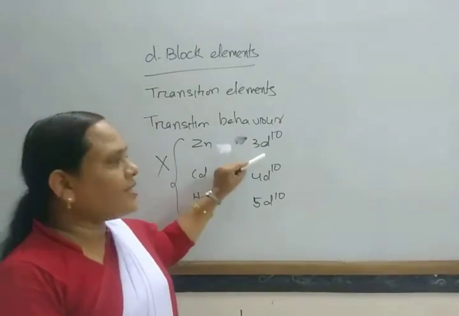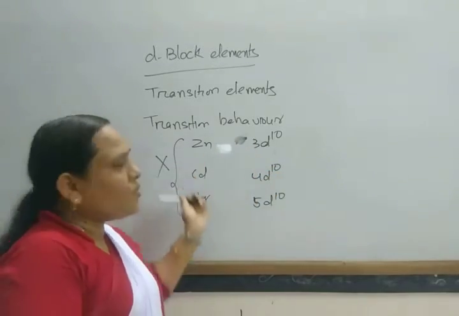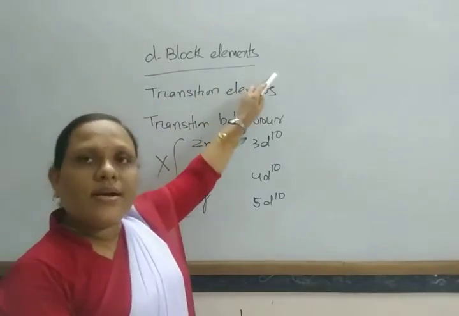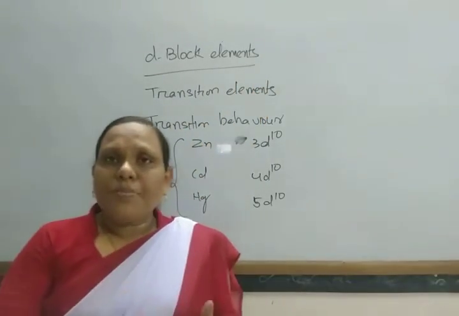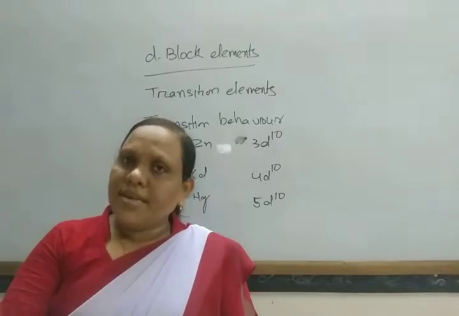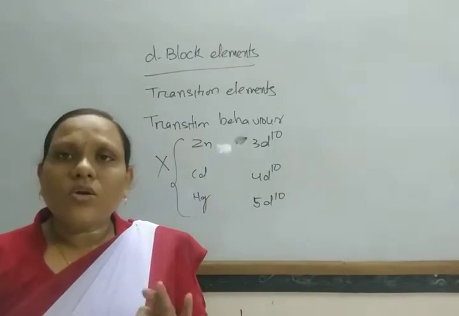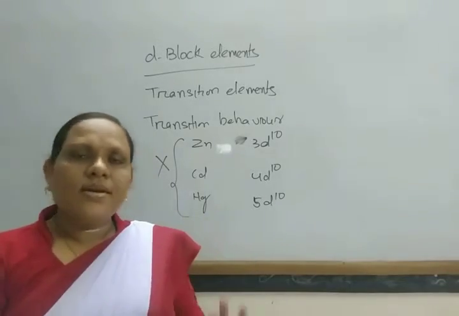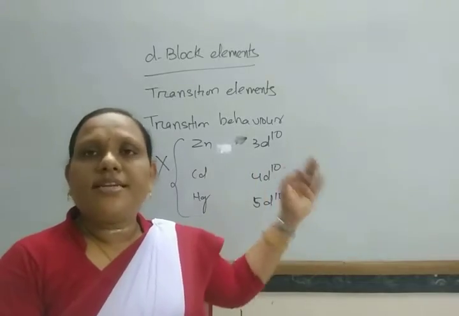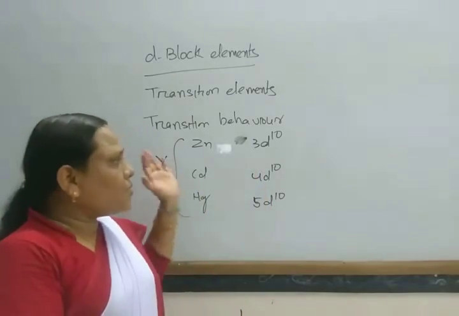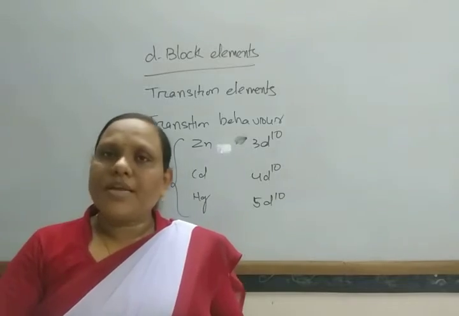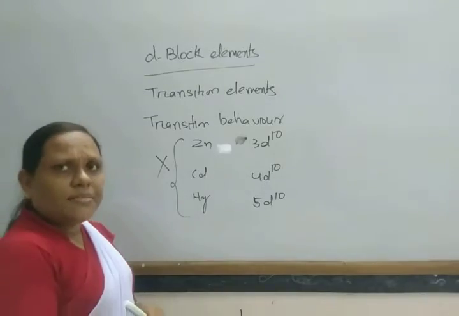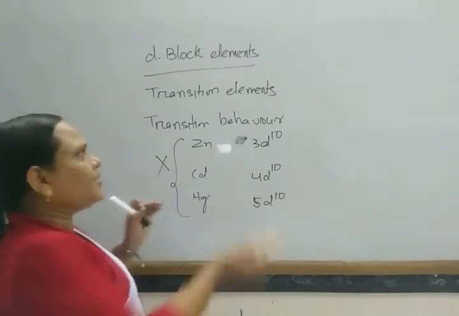But as the last electron enters the d subshell, they are known as d block elements, hence they are studied in the d block. They are not transition elements because they do not have an incomplete d subshell, and they show different behavior from the transition elements. Okay, so these transition elements are classified into 4 series.